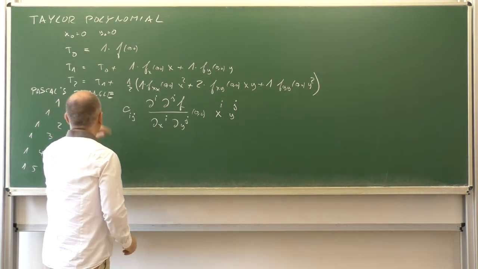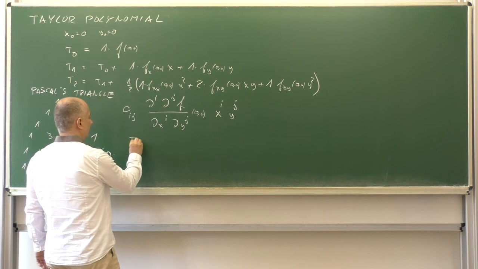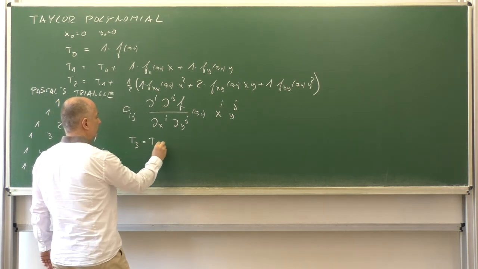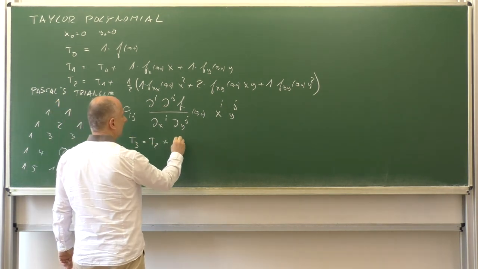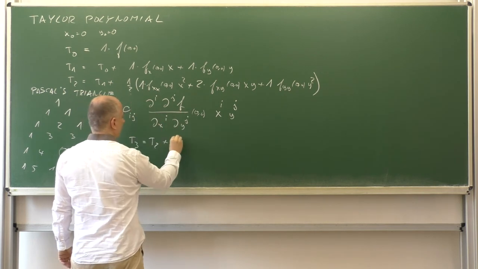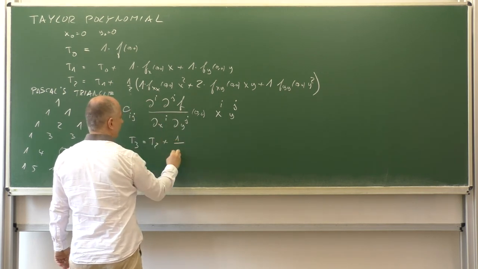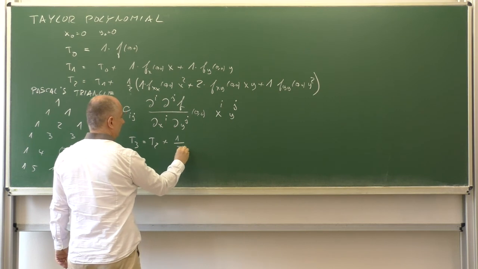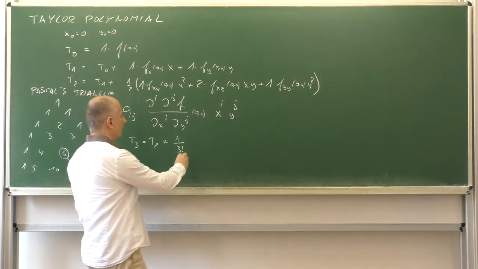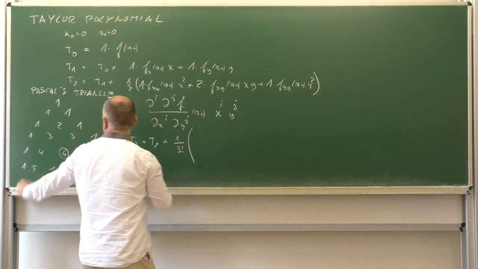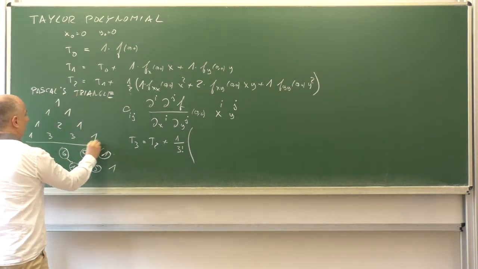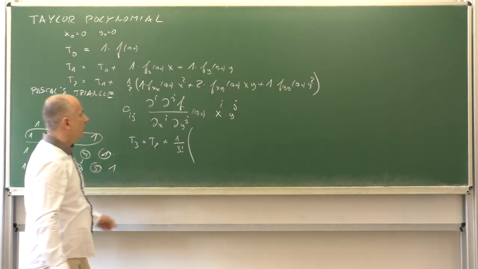So, for example, the third order Taylor polynomial would be T2 plus the factor 1 over (i plus j) factorial, which is 1 over 3 factorial. And here we have now coefficients in this line 1, 3, 3, 1.